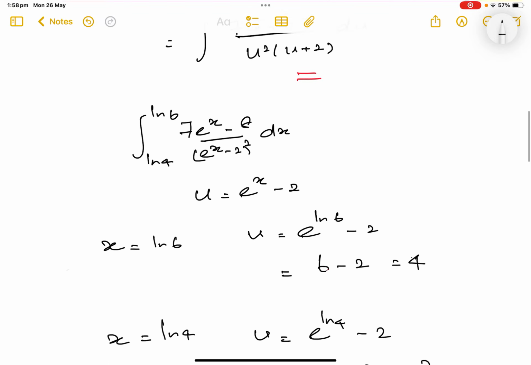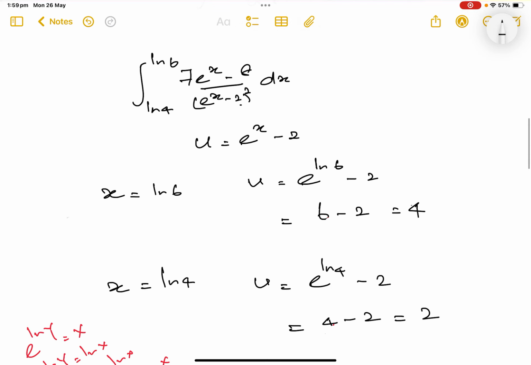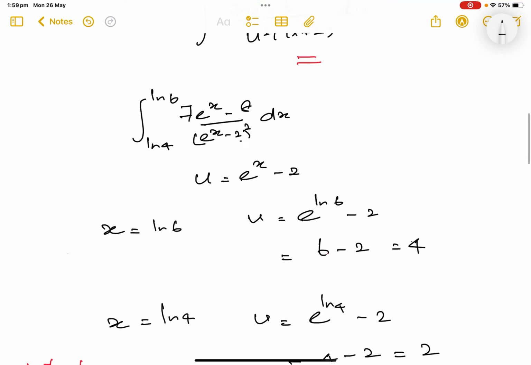We have done that. The second part: the integration with upper limit ln 6 and lower limit ln 4 of 7e to the power x minus 8 over (e to the power x minus 2) squared dx. So it's the original function in x, but we know how to change it to u from the first part. What we haven't done is the limits. The limits are given for x, so we need to find the limits for u.